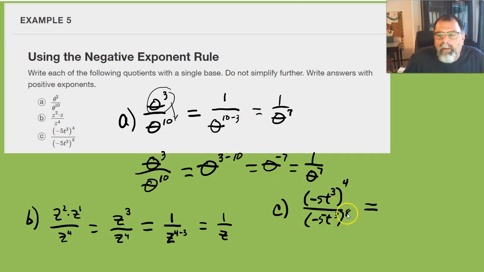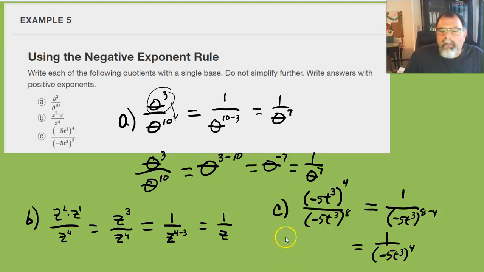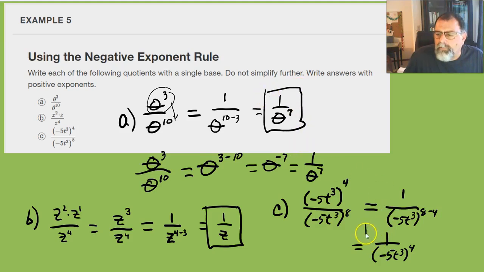There's more on the bottom, so I'm going to go 8 minus 4, and they're going to be left on the bottom. So negative 5t cubed, and I'm going to go 8 minus 4 on the bottom. Again, you don't have to show that step. Just 8 minus 4 is 4. And again, I don't care which method you use personally. They're both good methods.